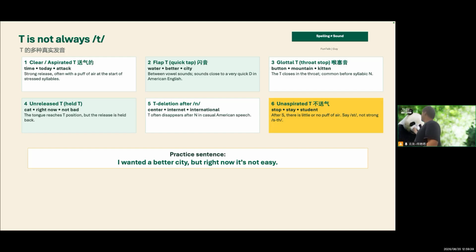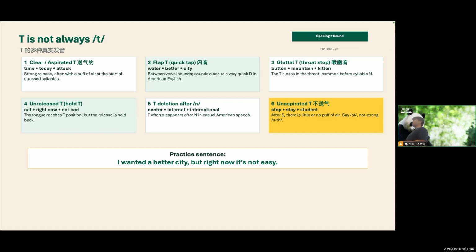So then we have T. Then we get T. Like here, it's NT, NT, NT. 这个 T 会消失. So we say the center of the city. We say the center of the city. Center of the city. 城市中心. Like internet, we say internet. The internet is not that good.